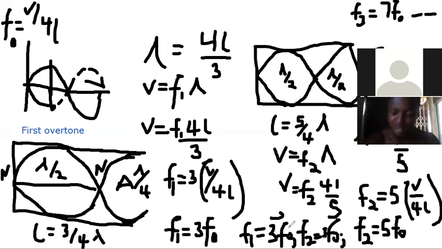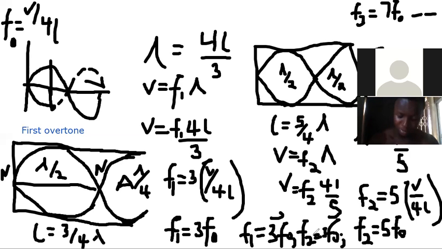So the first harmonic is the fundamental note. The second harmonic is F1. The third is F2, and so on and so forth. Basically, that's what I wanted to explain. Anytime you hear harmonic, you can relate to it: the harmonic is the integral multiple of a frequency of the fundamental mode of vibration.